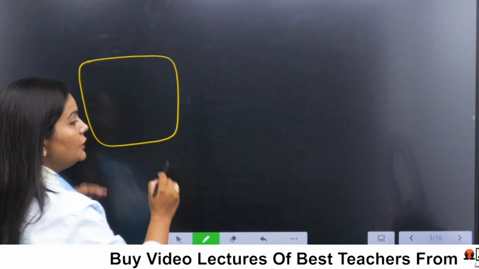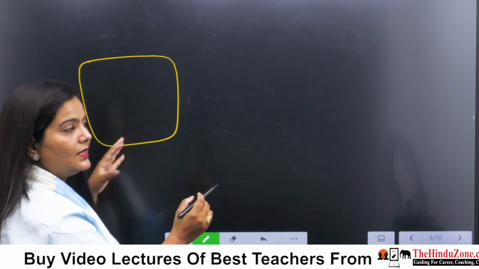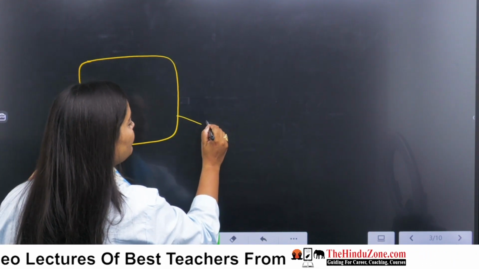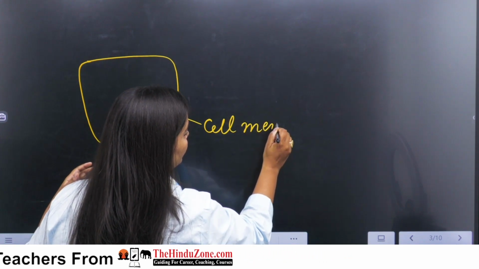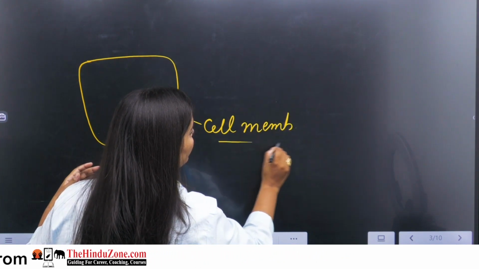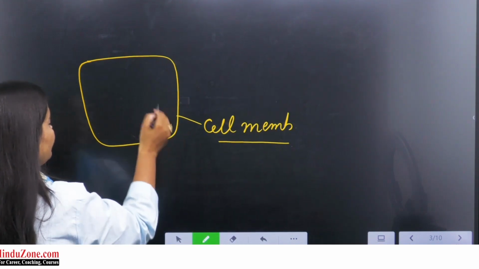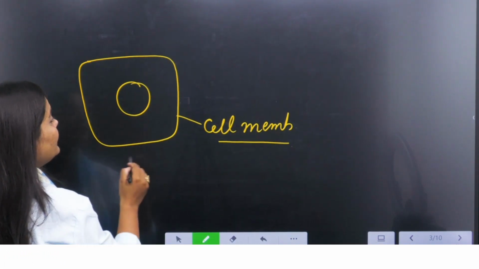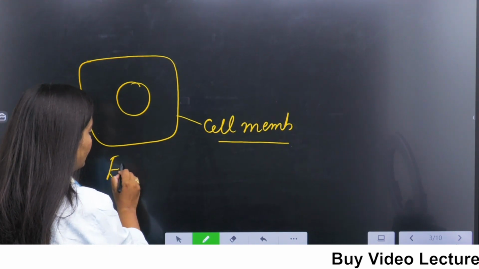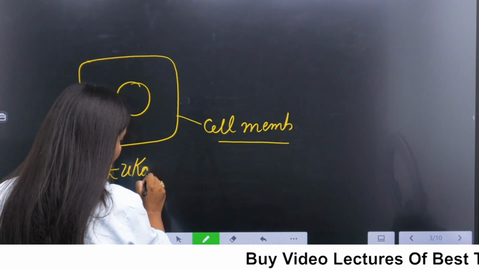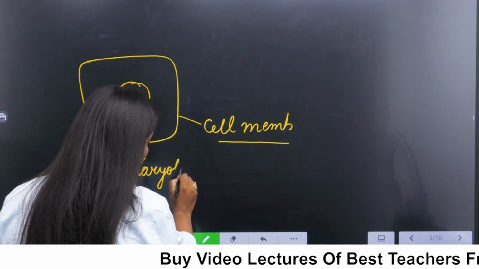Whenever there is a cell, there is always a membrane enclosing the cell material. This is called the cell membrane or plasma membrane. If there is a proper nucleus present inside, this cell is going to be a eukaryotic cell.